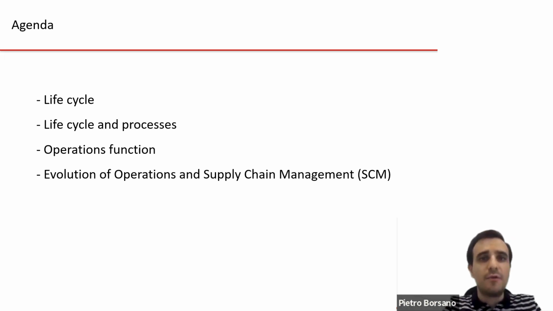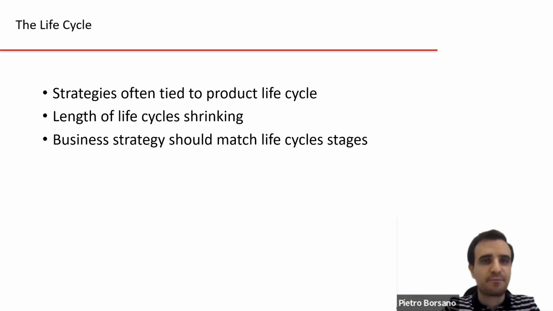And then we will dig deeper into the function of operations and how the function of operation determines the organogram of the operations, how operations are deeply intertwined with all the other business functions. And finally, we will take a step back to look at the evolution of operations and supply chain management to contextualize the operations in their development.